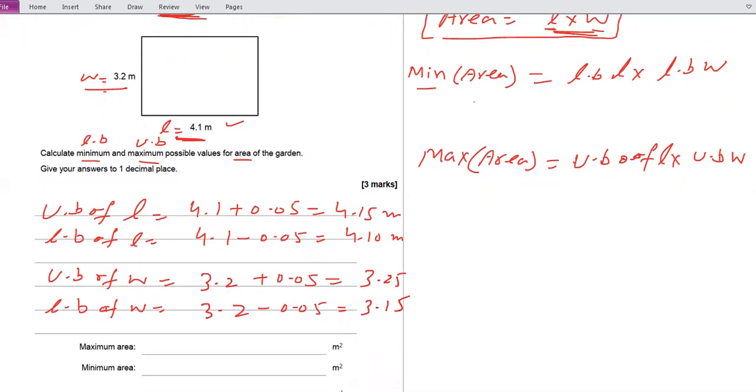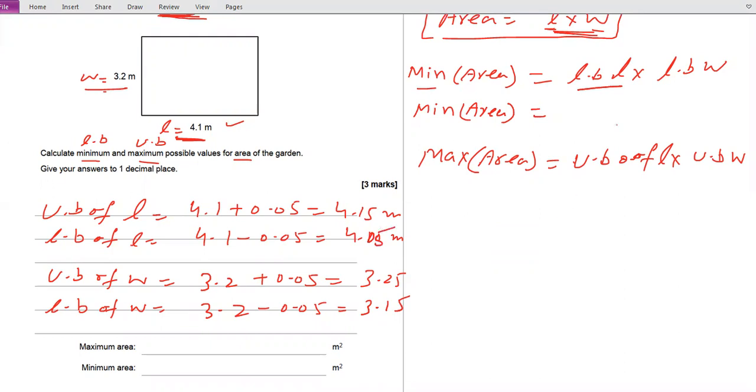Now I have to find the minimum area. So use it in this formula. What is the minimum area? I have to use the lower bound of L. What is the lower bound of L? 4.1 minus 0.05. Yeah, thank you, Varisha. Please be careful about the calculation. It will be 4.05.